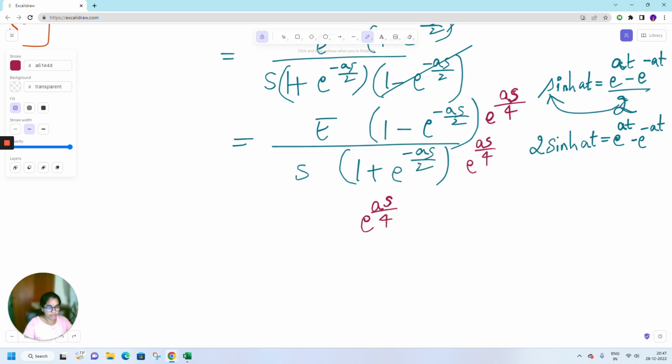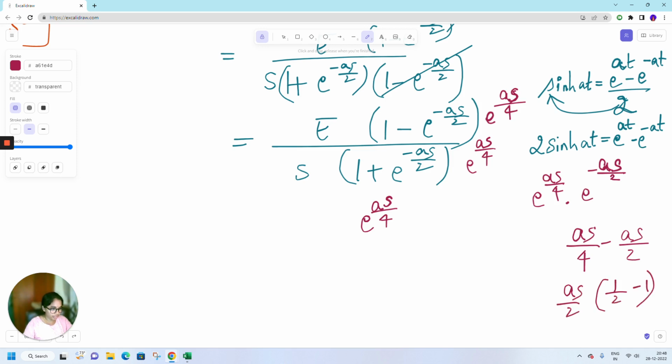What is e power s by 4 into e power minus s by 2? The bases are the same, so you can add the powers. I would get s by 4 minus s by 2. If I take s by 2 common, I would be left with half minus 1, which is minus half. I can write it as e power minus s by 4.